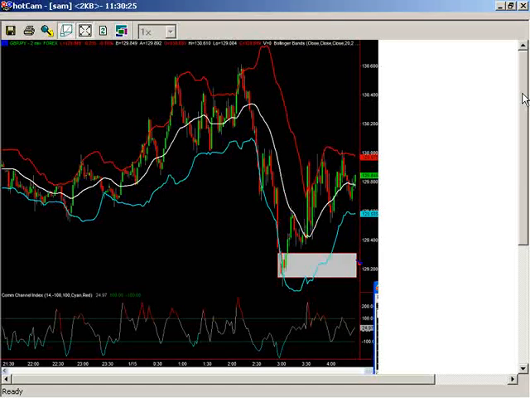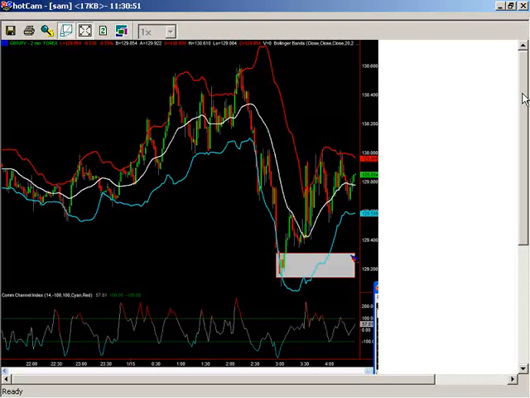So what we want to do is carry these lines forward because if and when prices come back to this level, which I've never seen prices not come back to a level, they always do eventually. When prices come back to this level, someone will be selling after a drop in price, probably below the lower Bollinger Band.